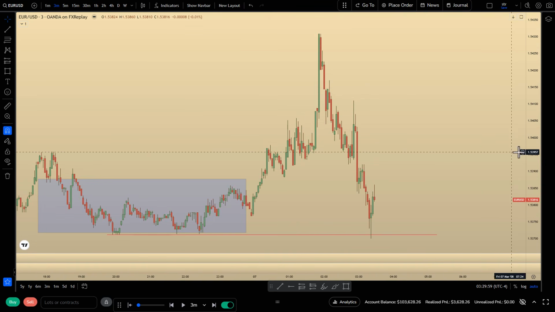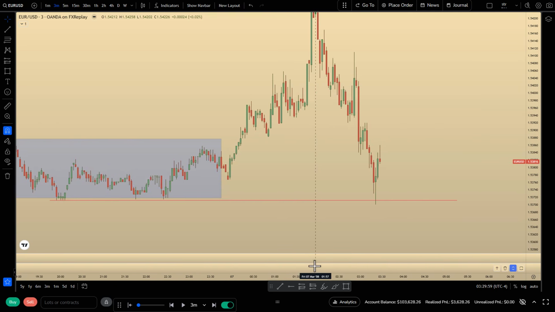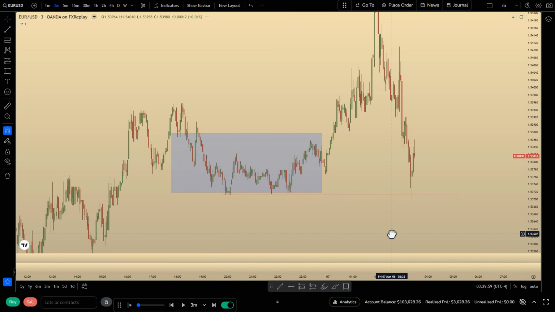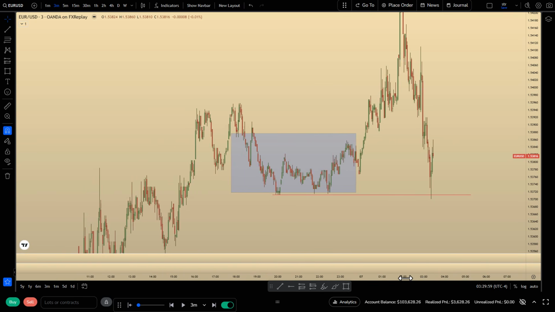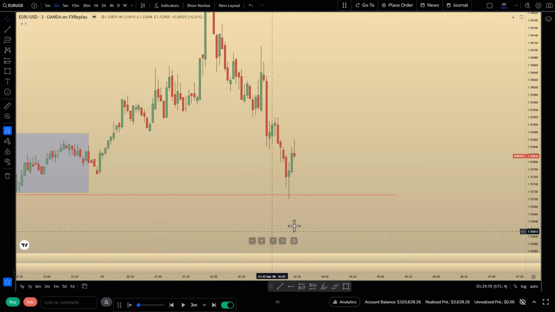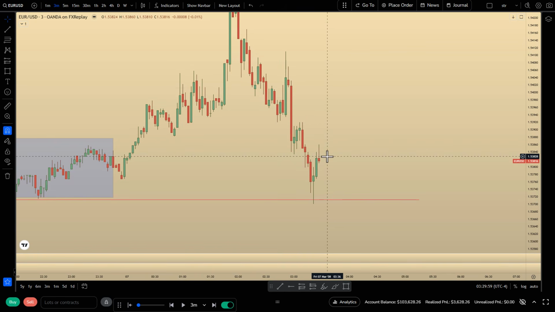I use SMTs a lot on EURUSD, especially on EURUSD. I would say it is a mandatory condition. I wouldn't enter without it in most cases. But we still don't have any confirmation on the lower time frame, so we need to wait.